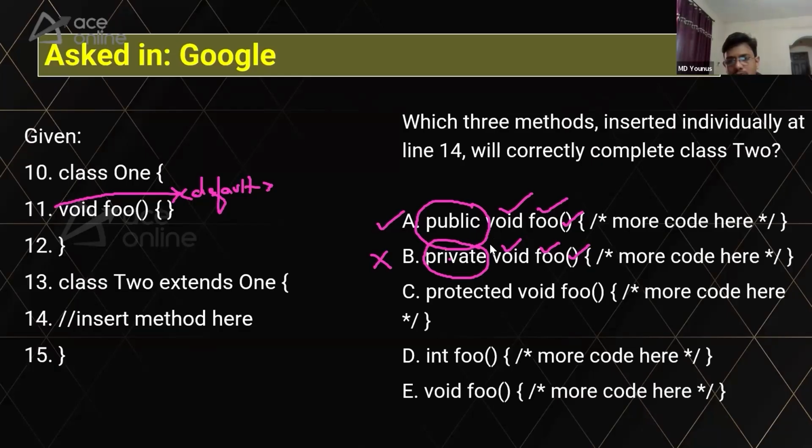Third, option C, what do you think? Allowed or not allowed? That is the rule, Manoj, the rule for method overriding: if you are overriding any method, the access modifier can be less restricted but cannot be more restricted.